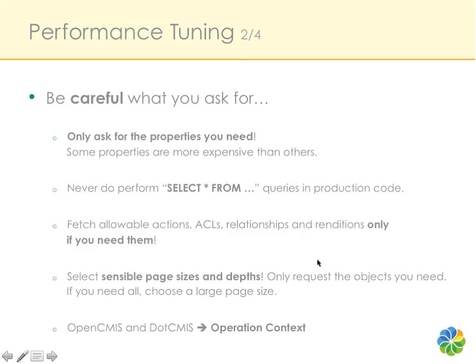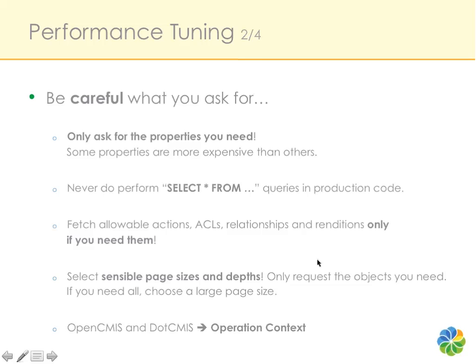Pretty similar is the page sizes and depth. So we had cases where people pulled out several hundred megabytes of XML data out of Alfresco, and then were complaining that it's slow. What they did was they just got the whole folder tree of a big Alfresco repository.